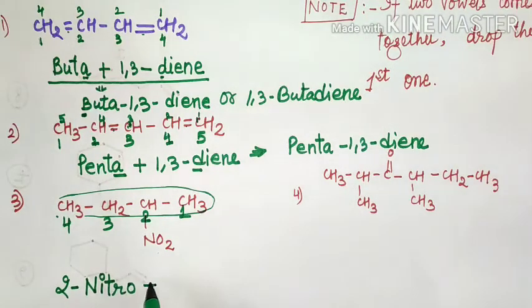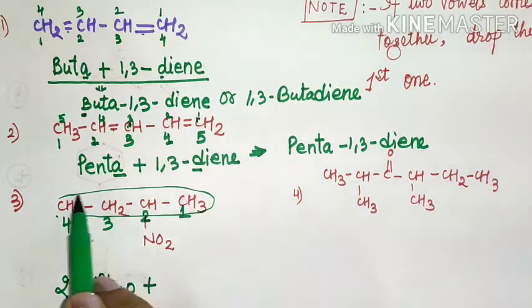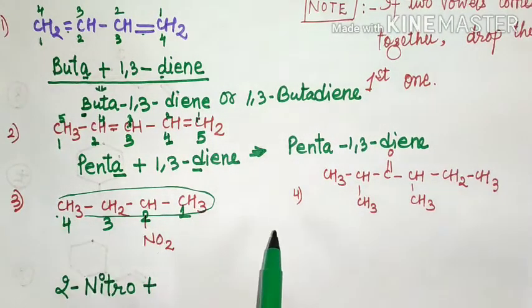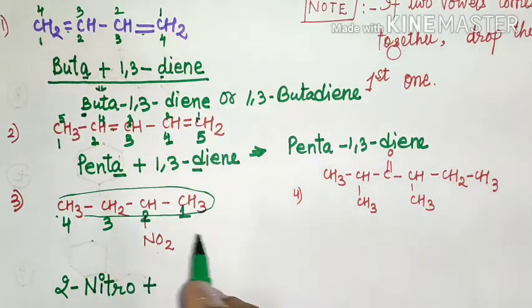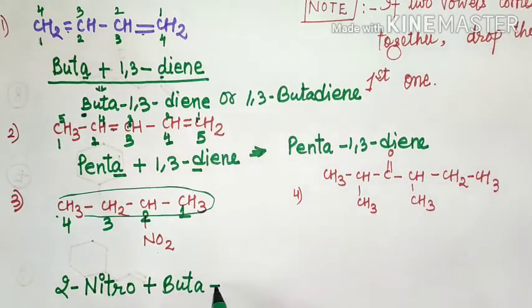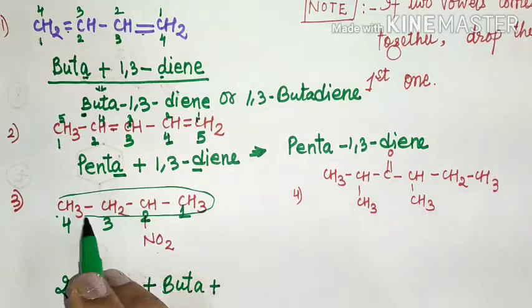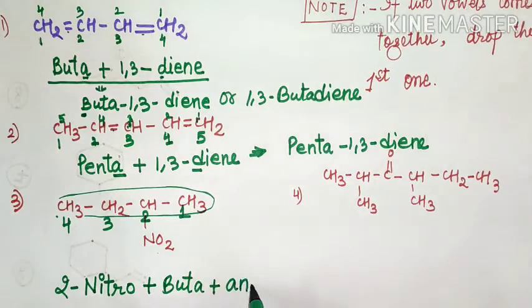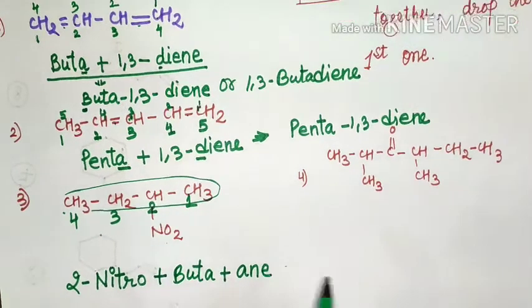Secondary prefix over. Plus primary prefix. Is this chain cyclic? No. So no primary prefix. Plus word root. 4 carbon atoms. We will write buta. Plus primary suffix. All the bonds are single, so ane. Plus secondary suffix. No functional group is there.